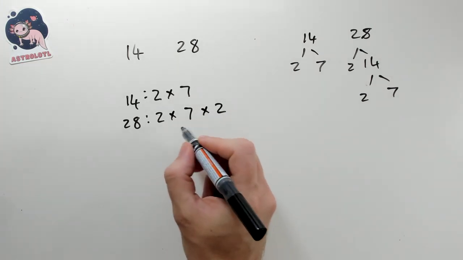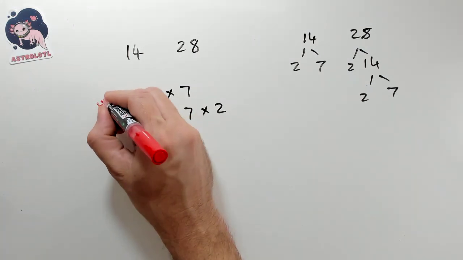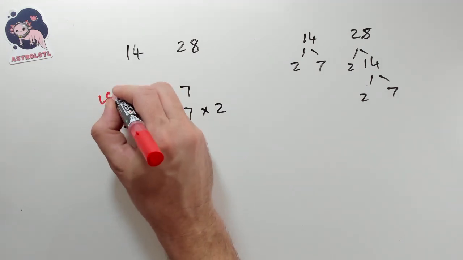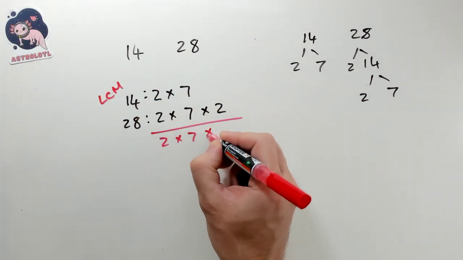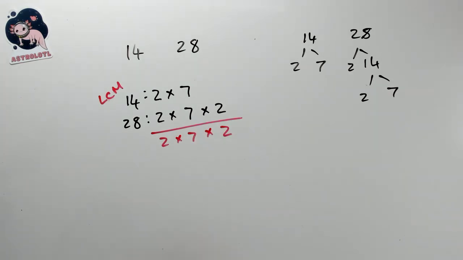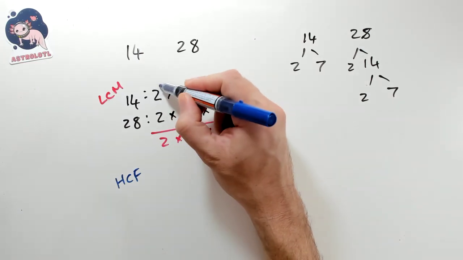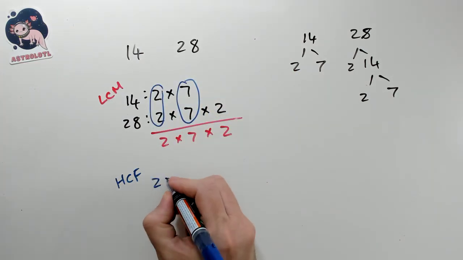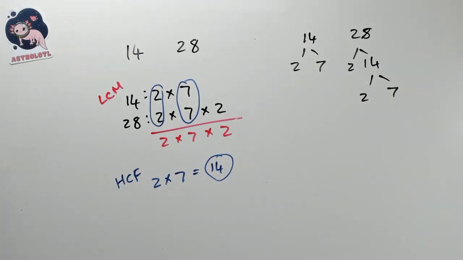Okay, so if I wanted to find the lowest common multiple, then it would be 2 times 7 times 2, which is actually just 28. And if I wanted to find the highest common factor, I'd make pairs. So the 2 is in both, and the 7 is in both. So basically it'll be 2 times 7, which is 14. Cool, and that's that.